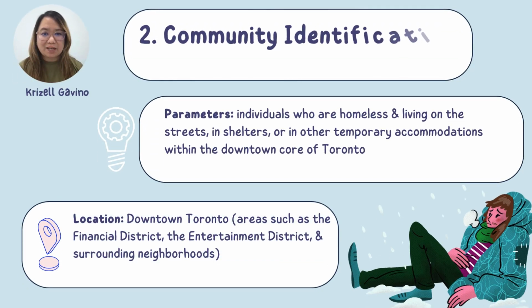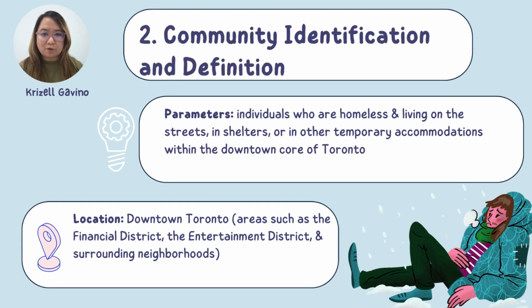Community identification and definition. The community we focus on includes individuals experiencing homelessness, living on the streets, in shelters, and other temporary accommodation in downtown Toronto, specifically in areas like the Financial District and Entertainment District.